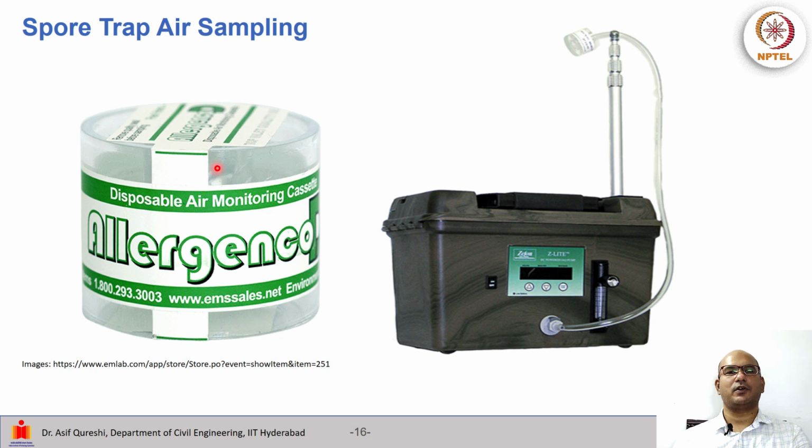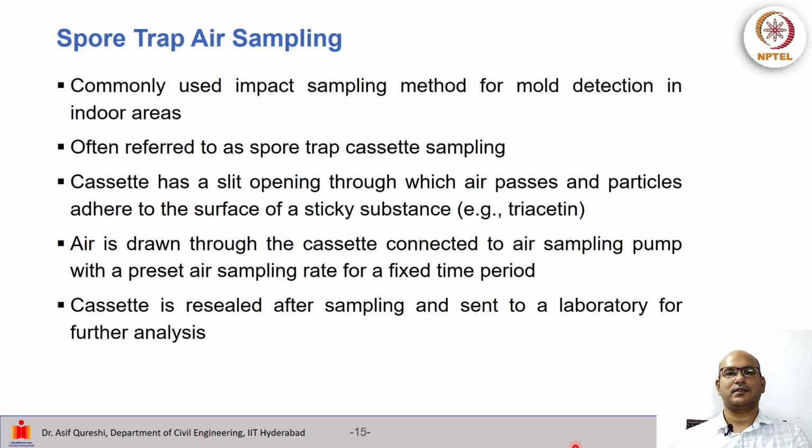This is an example of a monitoring cassette, and this is our assembly. As you see, this cassette is attached to the air and this pipe is attached to our pump. The pump basically sucks the air from outside to inside, and whatever is in the ambient air is sucked in, and when this is happening, the spores, the mold will attach to the sticky surface right here.